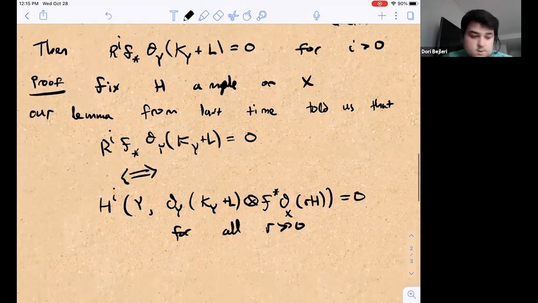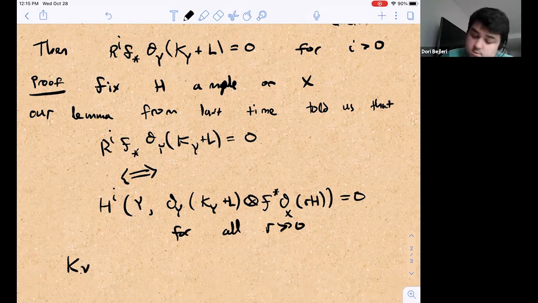But now we just look at this pullback. So we have K_Y, well, let me just look at the L piece. So we have that L plus f^* rH.